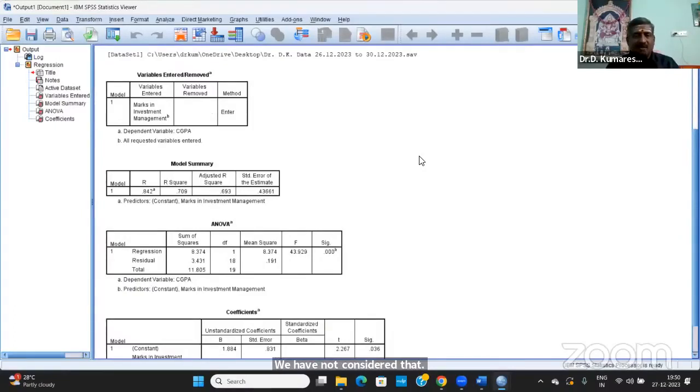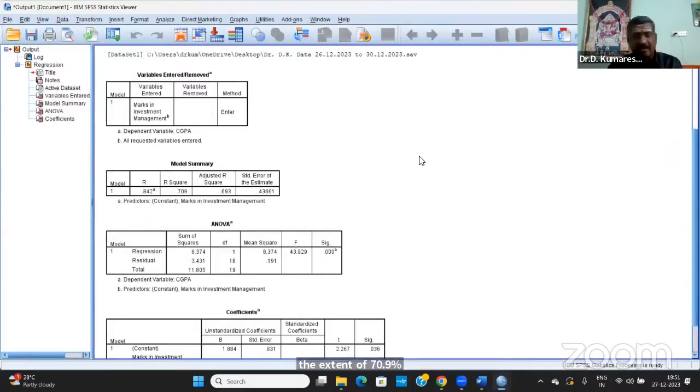So here, R square is 0.709. Otherwise, in terms of percentage, we can say 70.9%. That means the independent variables we have considered have influenced the dependent variable to the extent of 70.9%.